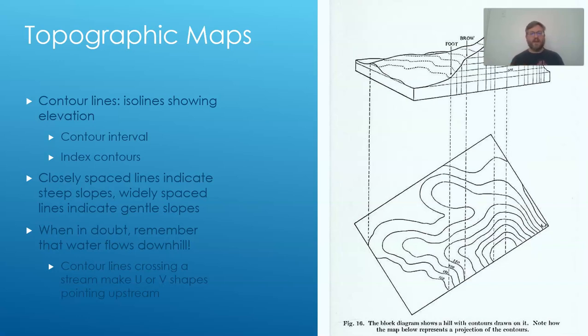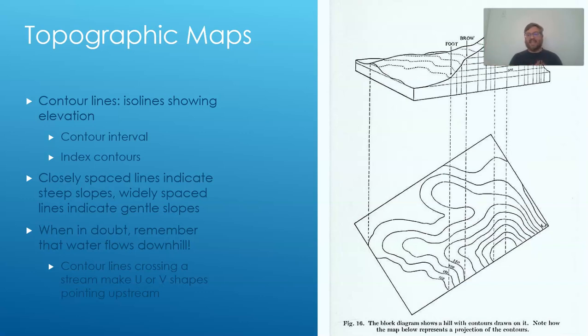So a topographic map is made up of contour lines. A contour line is an isoline that shows elevation. So just like the isolines on the previous screen were showing atmospheric pressure, these are isolines showing elevation. So every point along a contour line has the same elevation. If you were to go out and walk exactly along where a contour line is, you would not go uphill or downhill.